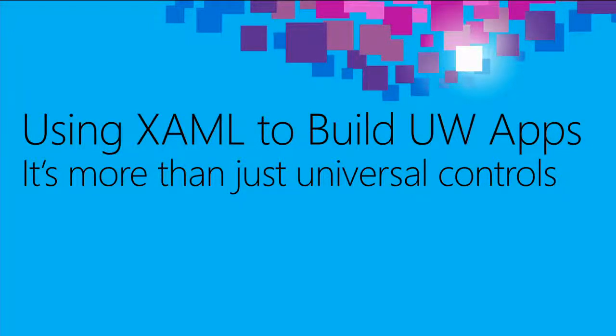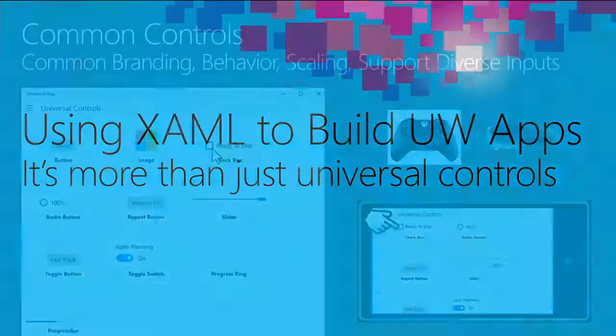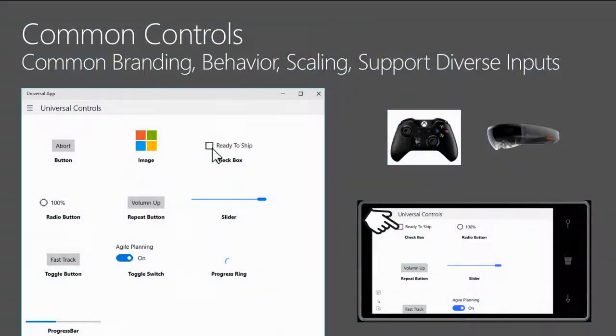So, while we were coming up with this universal Windows platform and making XAML more universal, it's not just about rationalizing the controls, coming up with the look and feel for these controls and making sure that all of these controls were universal. Making them universal came with a lot more than that, and one thing is how these controls scale with respect to the types of inputs that you use to interact with them.